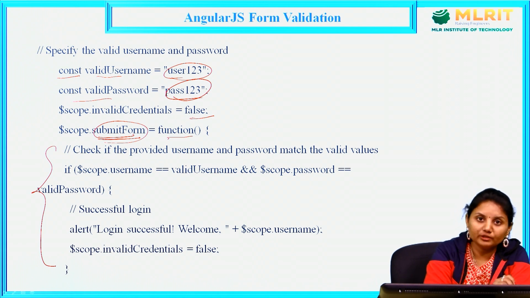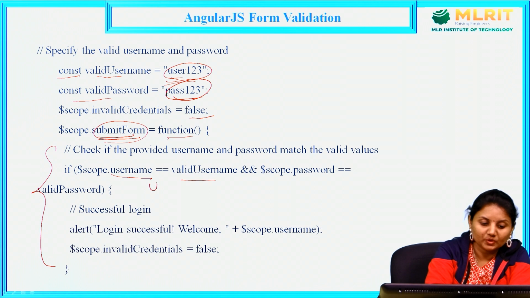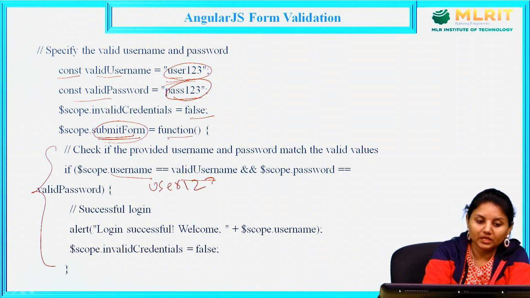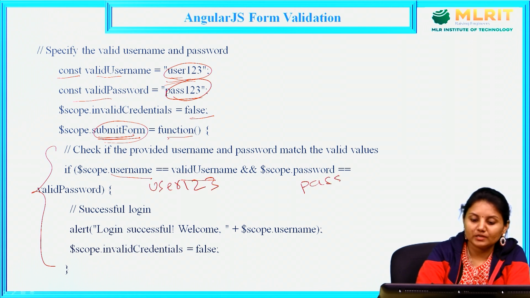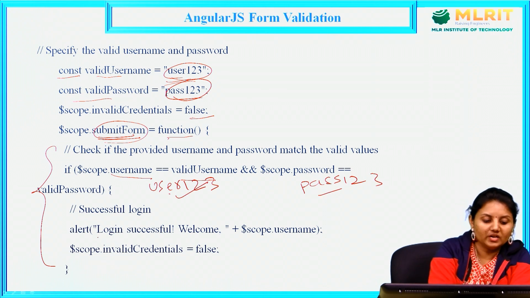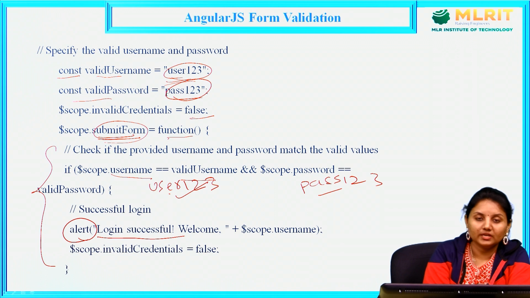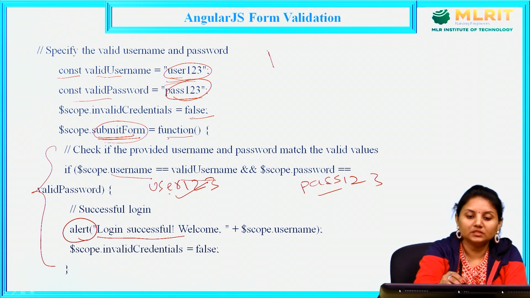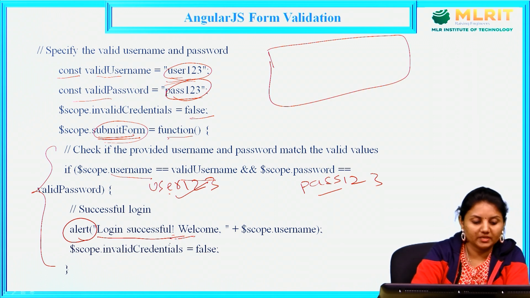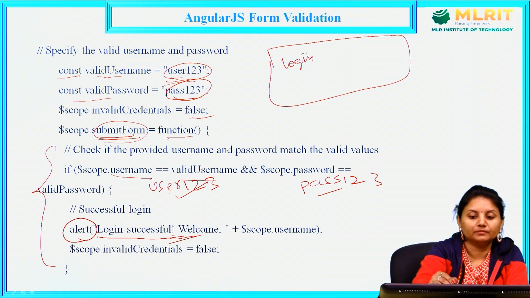It checks whether the username is the valid username or not. The valid username is user123, so here it should be user123 and here it should be password123. If these two are given, then only it will display an alert message. Alert message means a text box with the message, login successful.